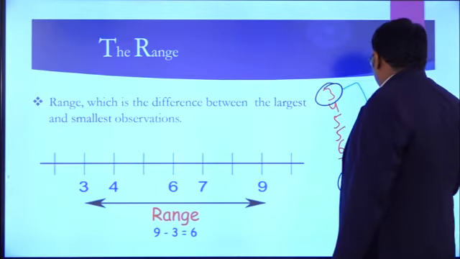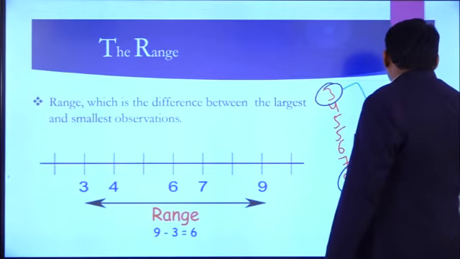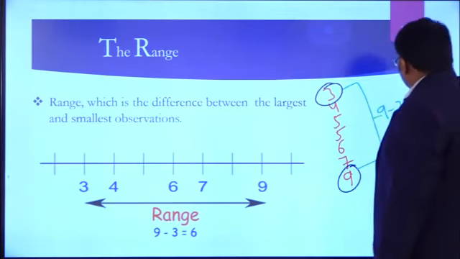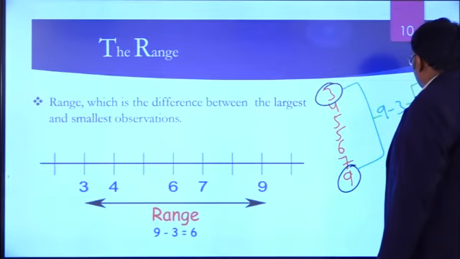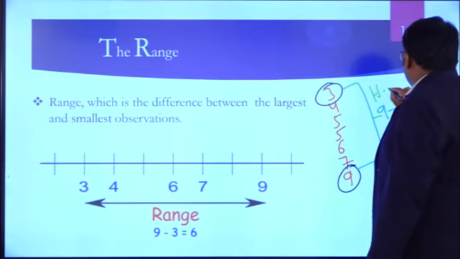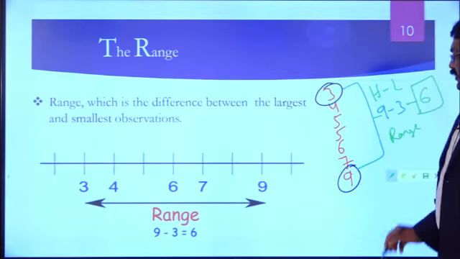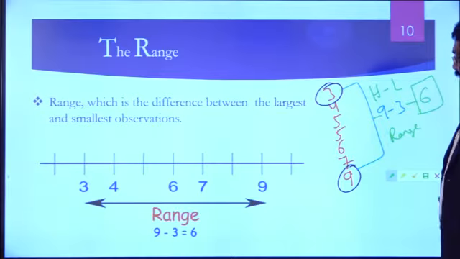The difference is 9 minus 3, which is equal to 6. This is the range: highest value minus lowest value.